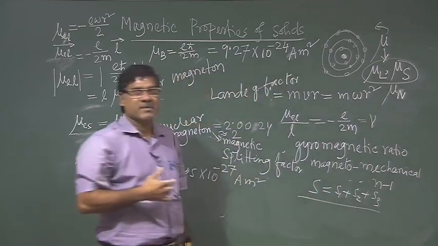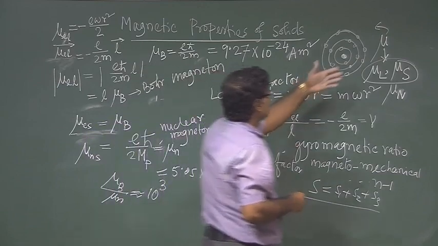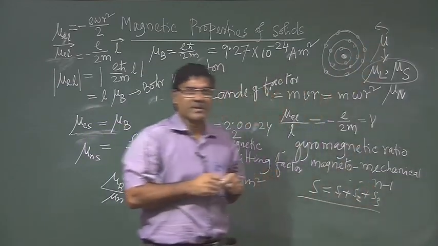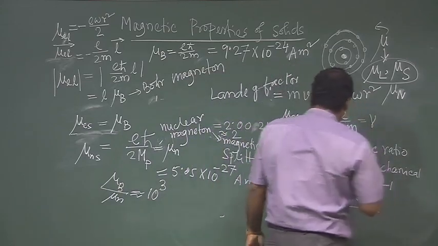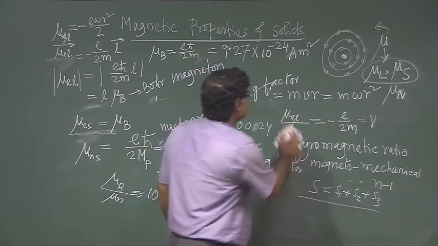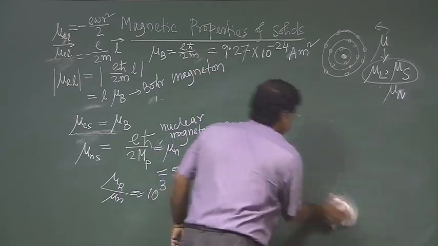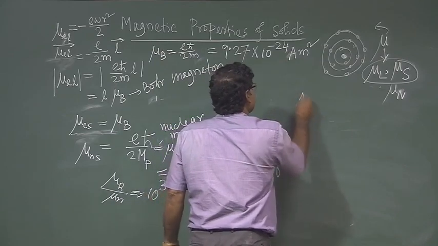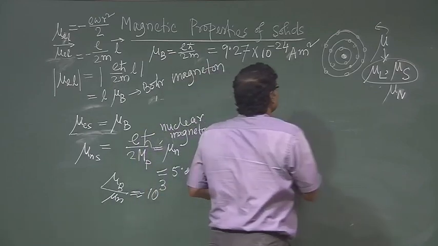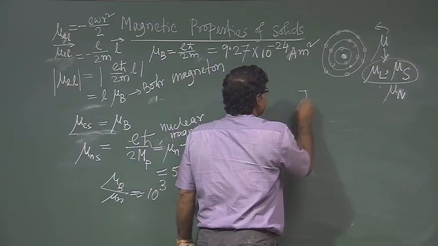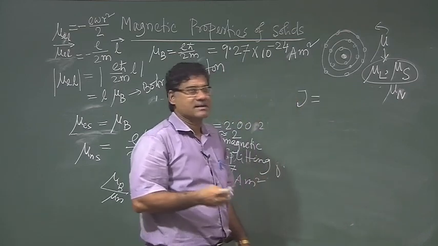Now, the magnetic moment of this atom can also be written as mu j, where j is the total angular momentum. This comes from LS coupling.